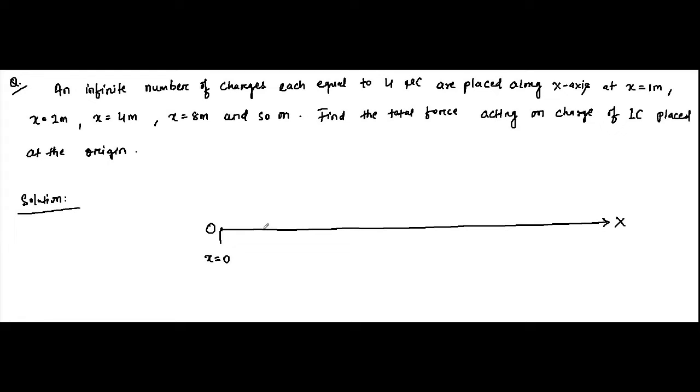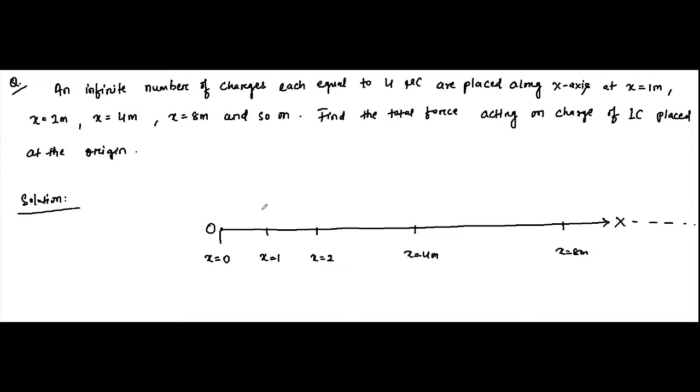One charge is placed at x equals 1. Another charge is placed at x equals 2 meter. Then another charge is placed at x equals 4 meter. Another charge is placed at x equals 8 meter, and it goes on and on like that.